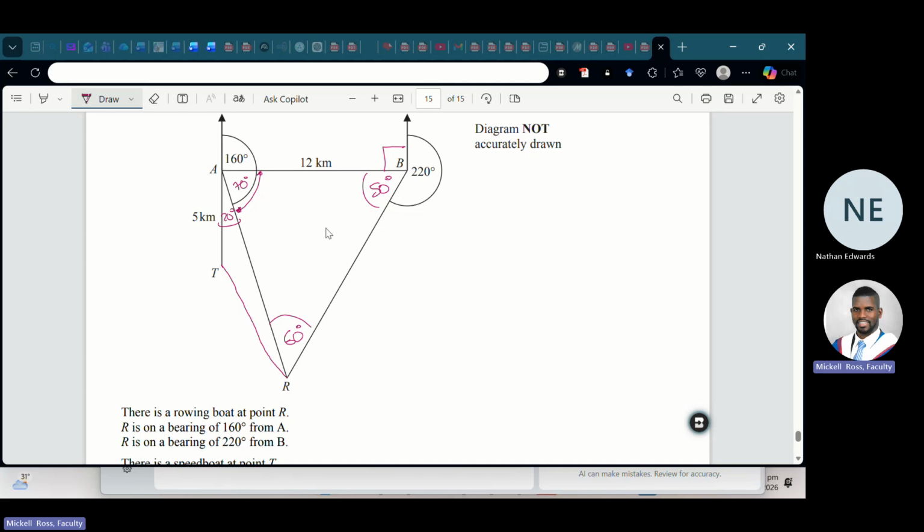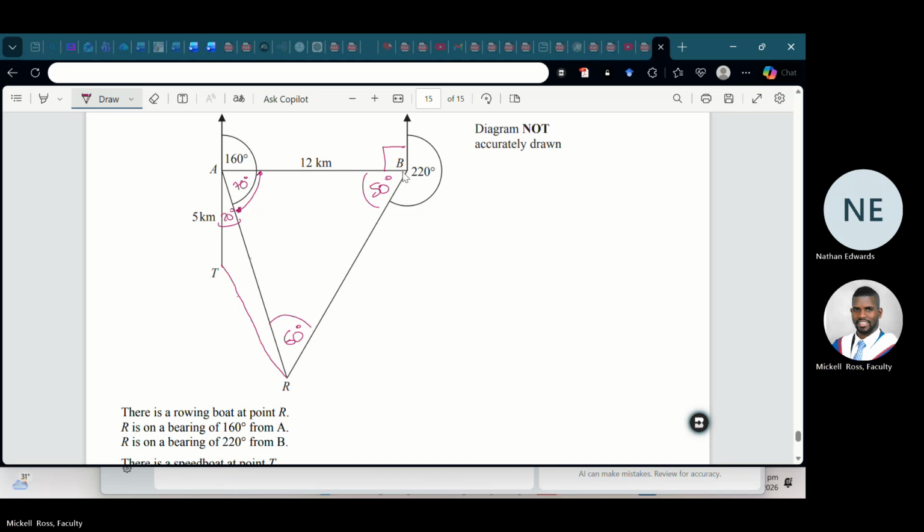You might be asking why I'm doing all of that. We know that from A to T is 5. We can find this length, and if we know this length, we can find this one right here. That's why it says to show all your working.